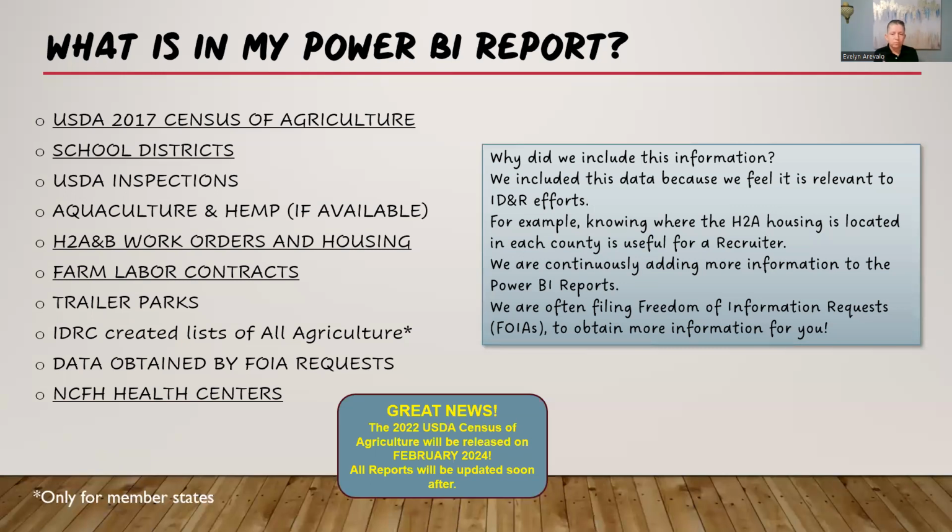We continue to add more information as we continue, especially now that we're going to get the new Census of Ag, which is coming out in February. So right now we're going to see all the information from 2017, but soon in February, we will get the information from the 2022 USDA Census of Ag, and I will update all of the reports.